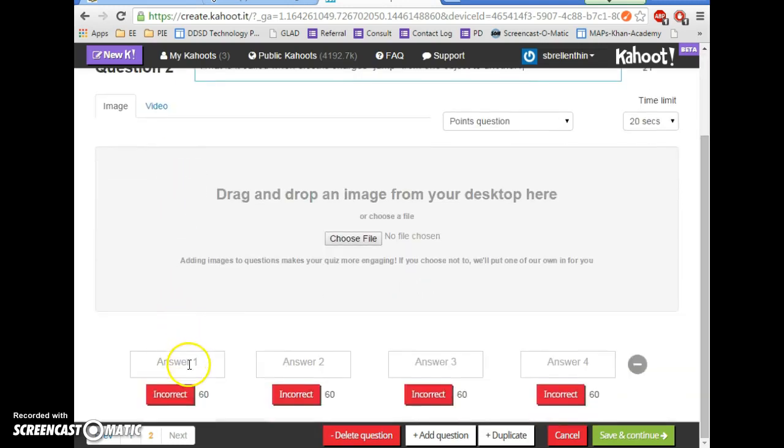Scroll down, put in your answers. And again, click what answer is correct. You can always change the points or the time limit at any time.